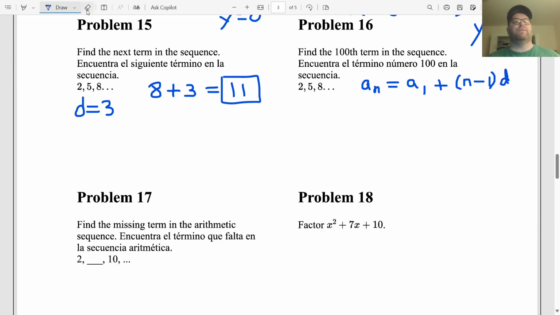Let me fix that parenthesis there. Okay, so the first term is going to be 2, so that's a sub 1. We want the 100th term. We don't know what that is, but we know that n, the number of terms, is going to be 100.